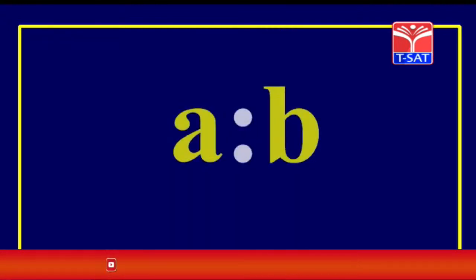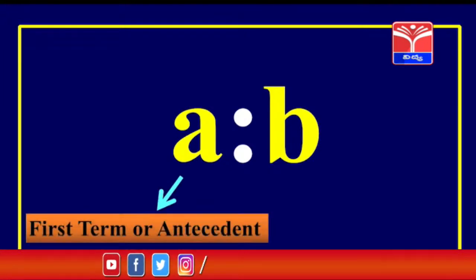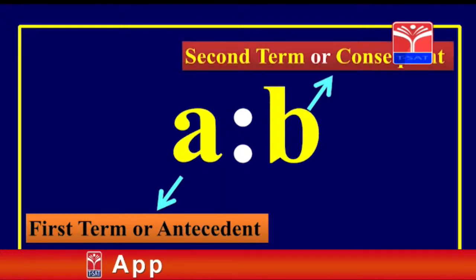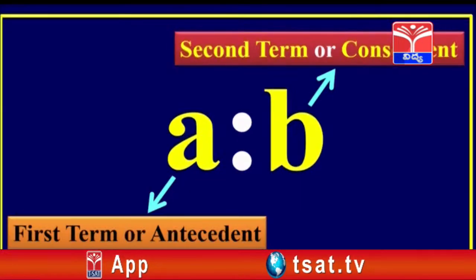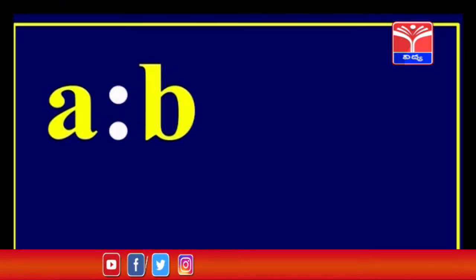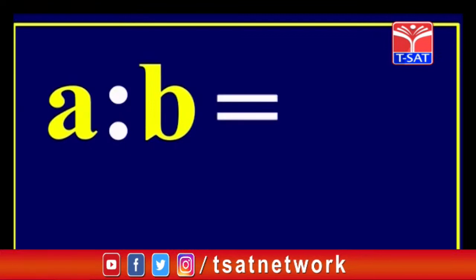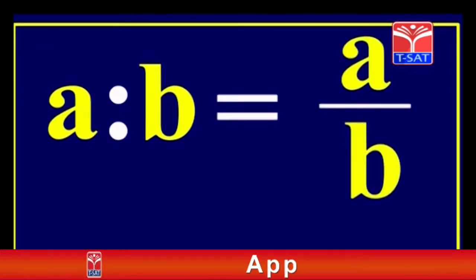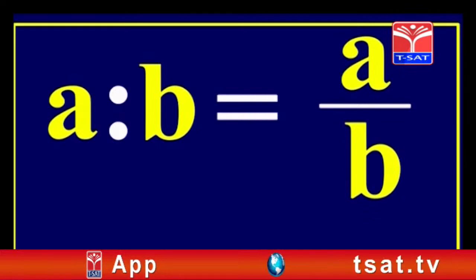In A is to B, A is called the first term or antecedent, whereas the second one, B, is called the second term or consequent. It's also very important to note that the ratio A is to B is written as A divided by B. Let us take a few examples.